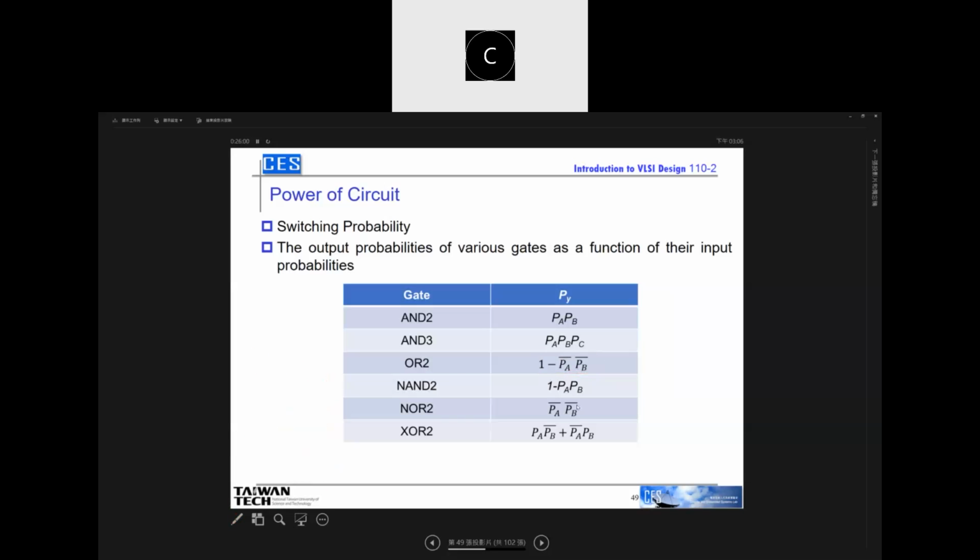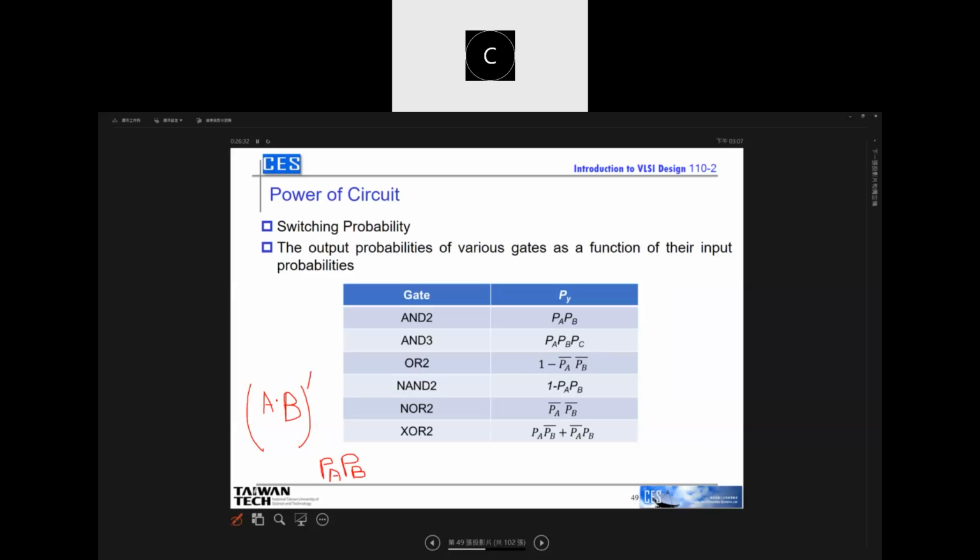Then if you have a 2-input NAND gate, NAND means A times B with a complement. The probability of A being 1 is PA, and the probability of B being 1 is PB.